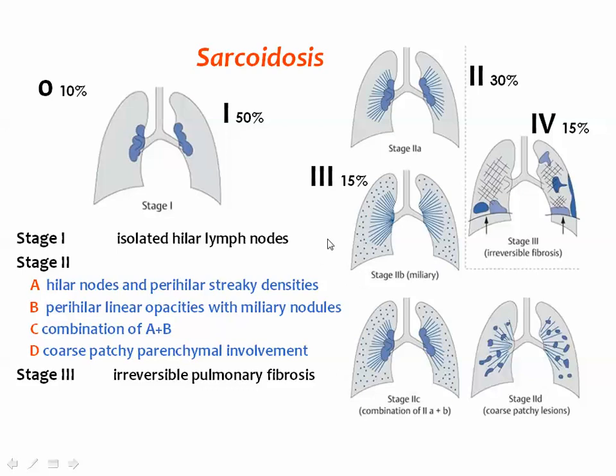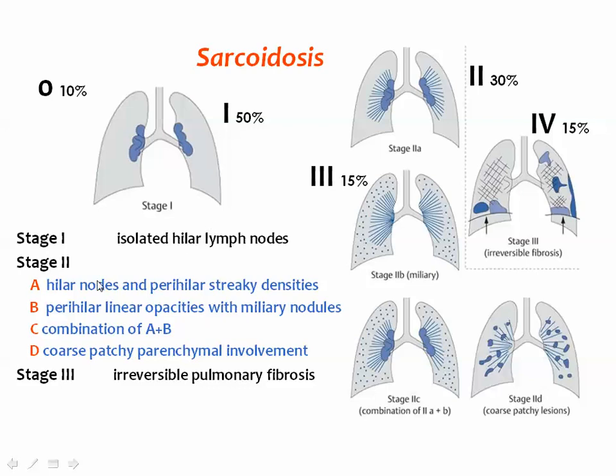The first way is to consider that stage one is in the form of the presence of hilar or mediastinal lymph nodes only without any changes in the lung parenchyma.